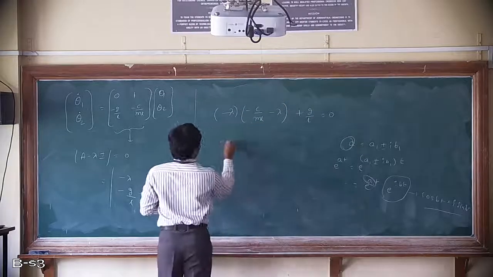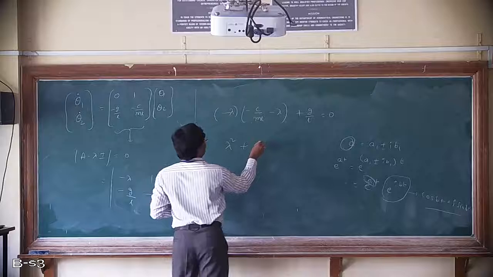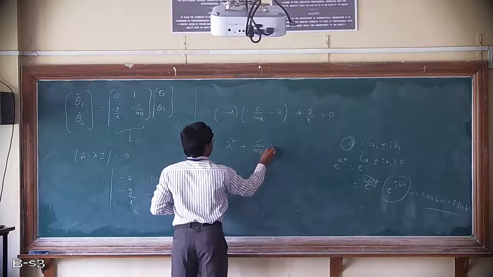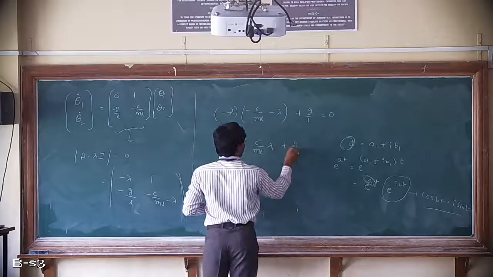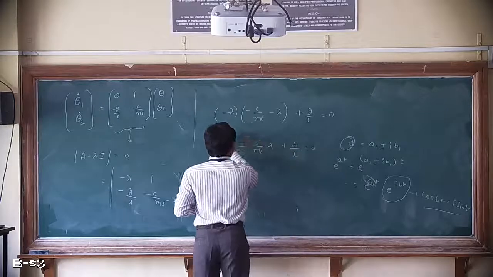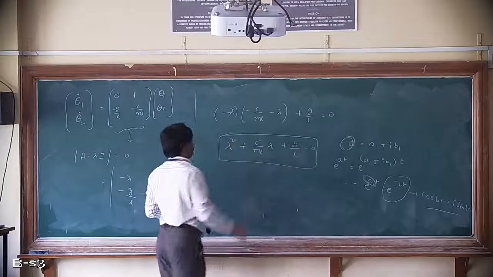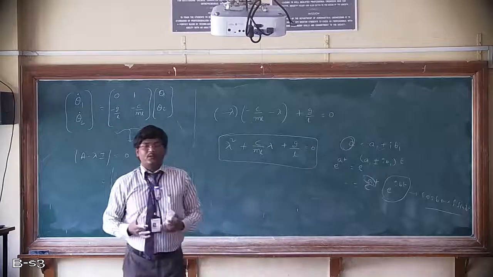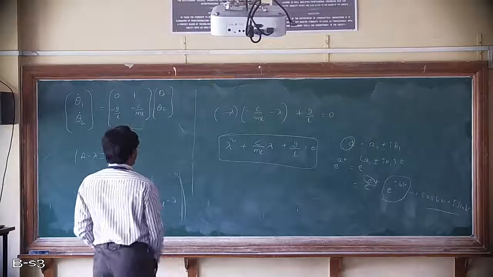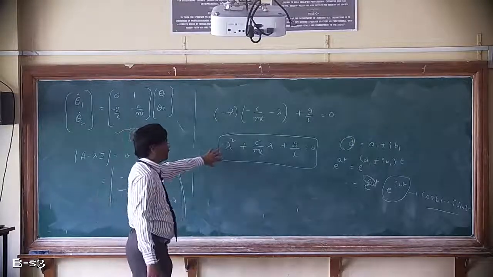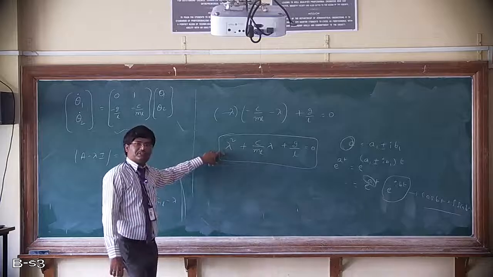I am writing directly the equation: lambda square plus c by ml into lambda plus g by L is equal to 0. This is nothing but your characteristic equation.